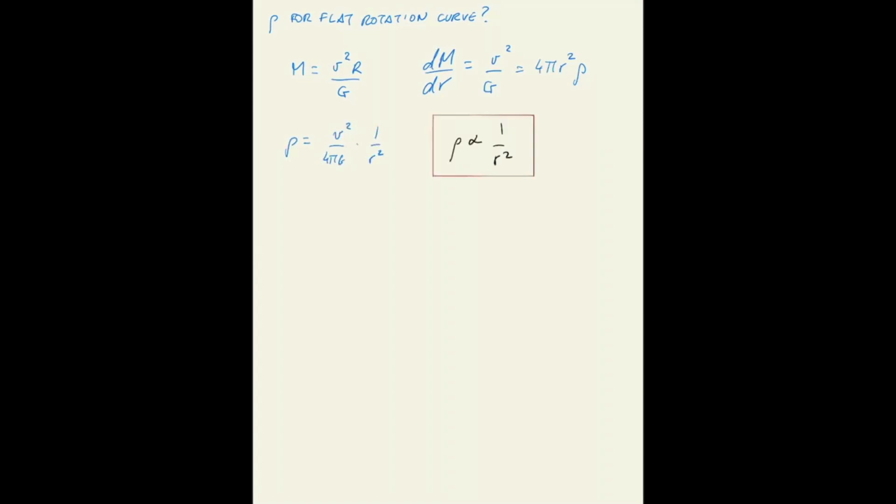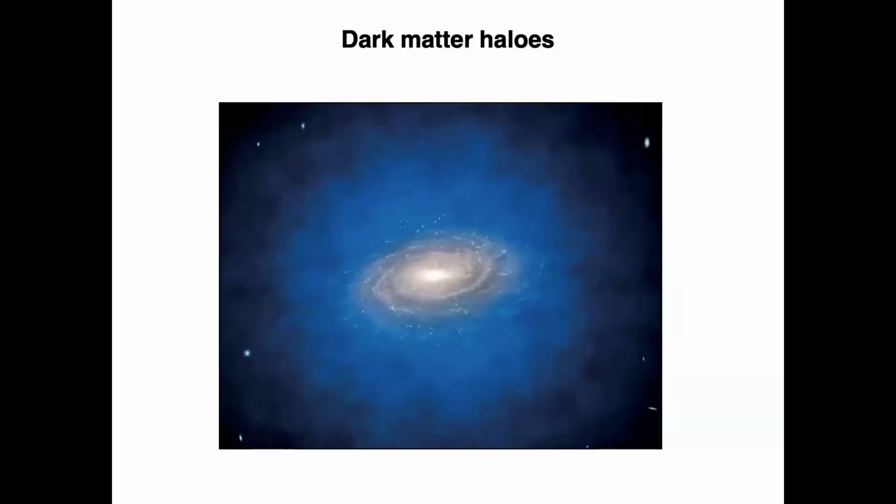So this is a spherically symmetric density. It's a sphere surrounding a galaxy with the density falling as 1 over r squared in a region where the luminosity density is plummeting exponentially. So this is what it would look like. Galaxies should have a halo of invisible dark matter that is spherically symmetric with the density following 1 over r squared.